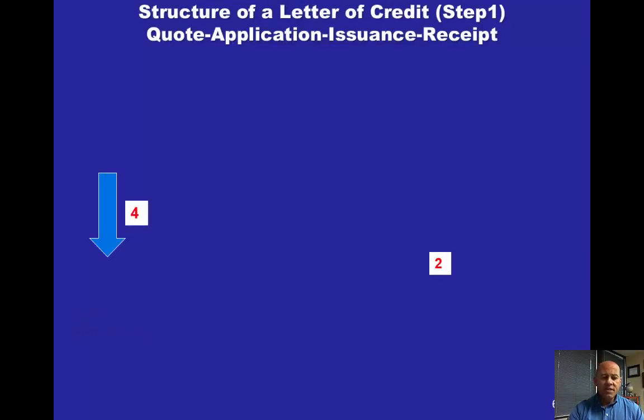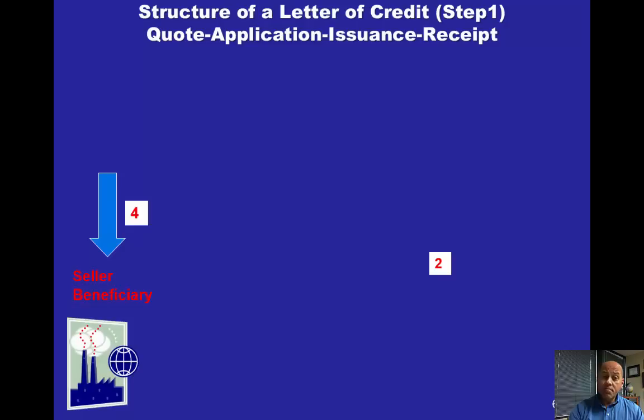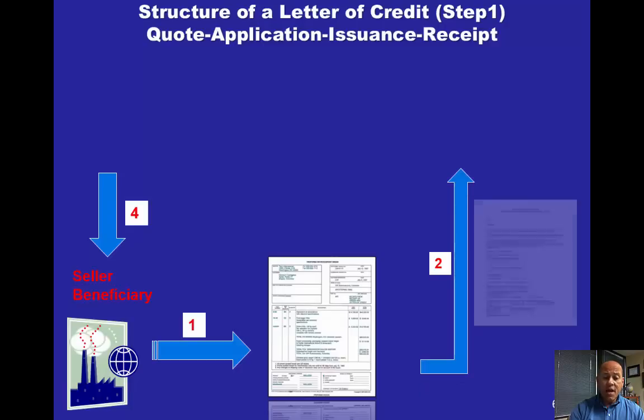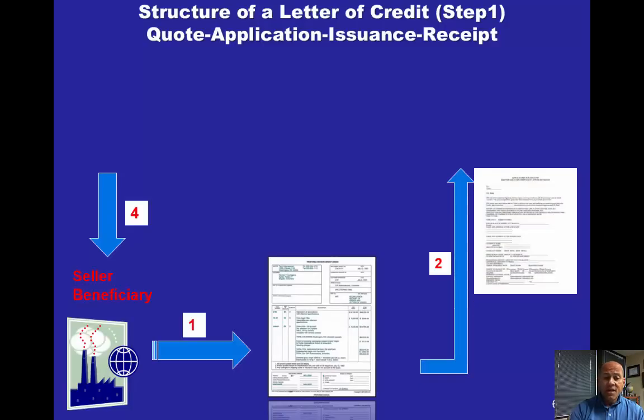So looking at the basic structure of a letter of credit, you have a seller and a beneficiary. Basically what happens is that the international buyer is going to produce an application. That application will result in generating that letter of credit. Now, that letter of credit issued by that bank is going to be issued based on two basic conditions.